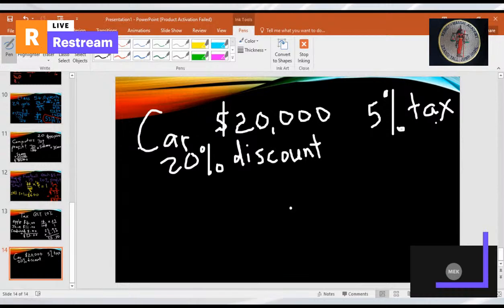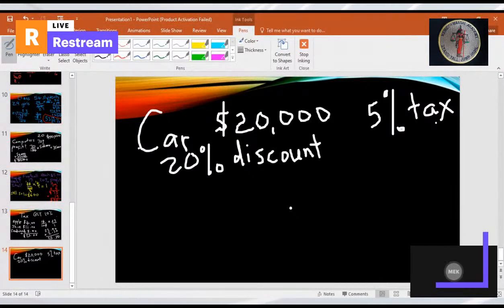So I want you to work for me, scholars. How much would you end up paying for the car? Work out how much you would actually end up paying for the car. So the businessman is saying, you came on a special day, in a good mood today. We are going to give you a 20% discount for this car.